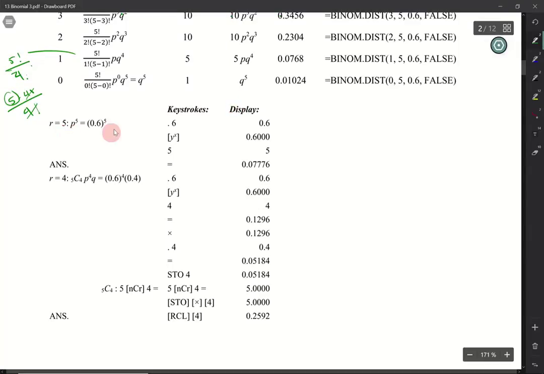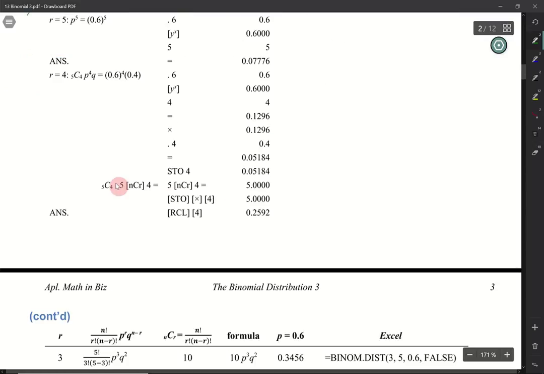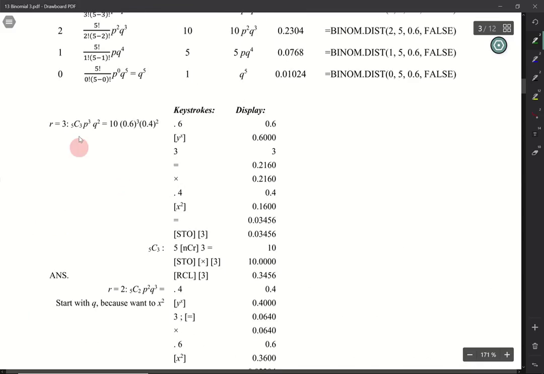This is just some detail on how to calculate each of the values in the calculator. So the one that we did was actually this one, right? Where here it was storing it in 3, and then it was doing the stow times 3, and then recall the 3.